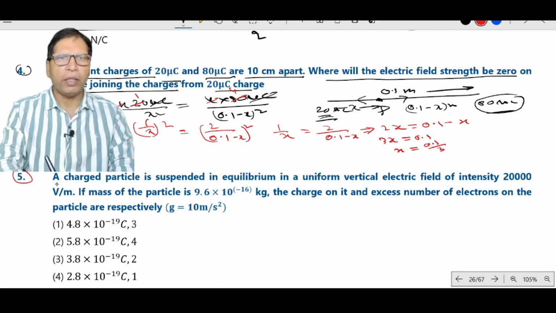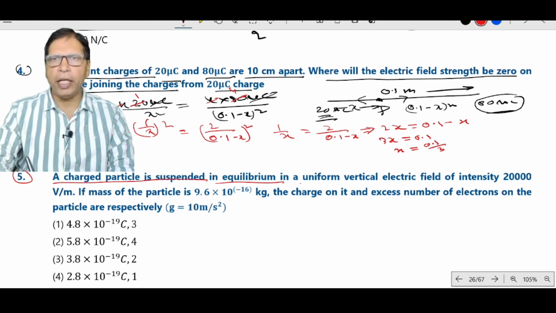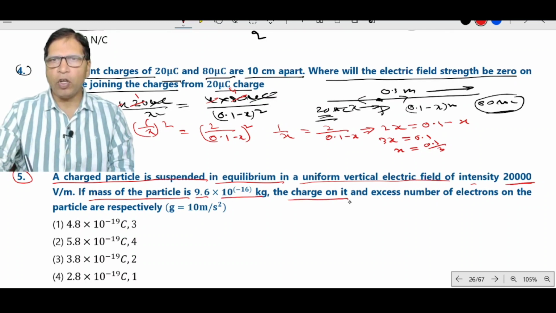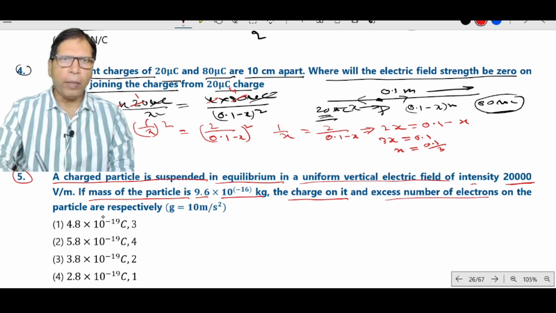Question number 5. A charged particle is suspended in equilibrium in a uniform vertical electric field of intensity 2 into 10 to the power 4 volt per meter. If the mass of the particle is 9.6 into 10 to the power minus 16 kg, the charge on it and excess number of electrons on the particle are respectively.